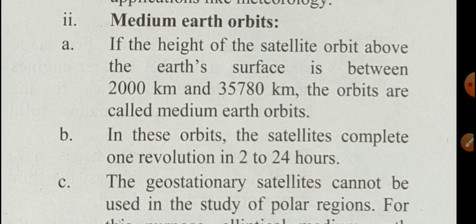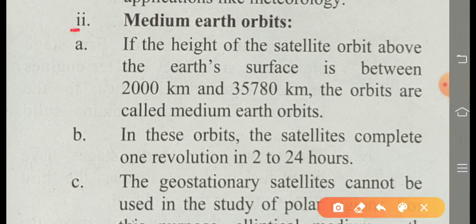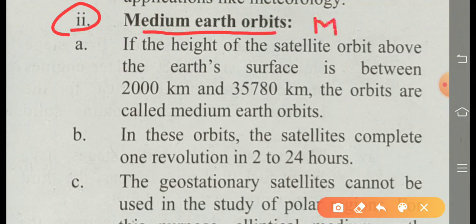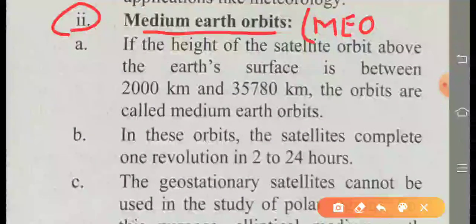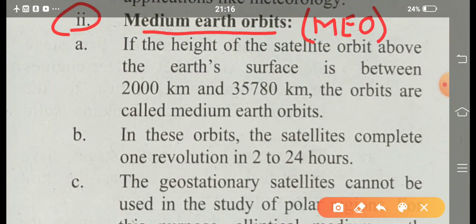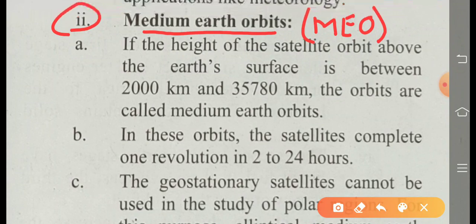So this is about the first Earth orbit, the high Earth orbit. Now the second is medium Earth orbit. In short you write MEO. MEO means medium Earth orbit.